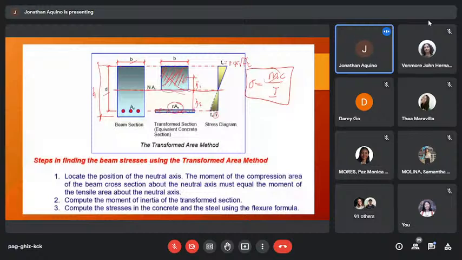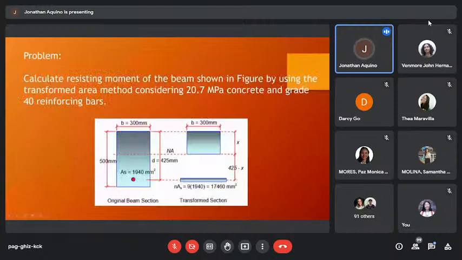Okay. So, let's try this problem. Calculate the resisting moment of the beam shown in figure using the transform area method considering 20.7 megapascal concrete and grade 40 reinforcing bars. So, for grade 40 reinforcing bars, ang fs natin or the allowable stress on the steel is 140 megapascal.